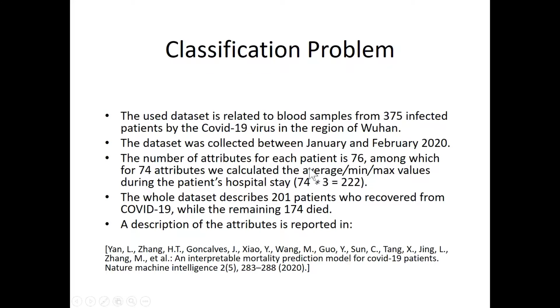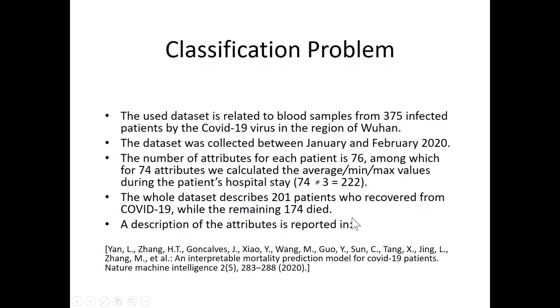And so we have several blood samples on different days. So we calculate average, minimal, and maximal values. At the end, we have 224 attributes.